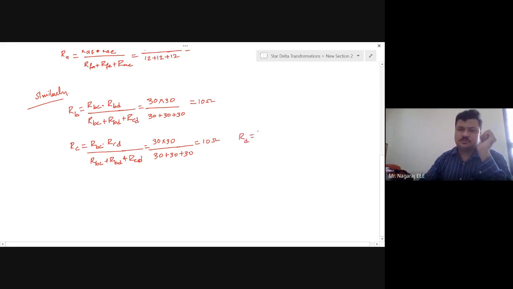RD is equals to RBD into RCD divided by RBC plus RCD plus RDB. 30 into 30 divided by 30 plus 30 plus 30. Again, this is 10 ohms.